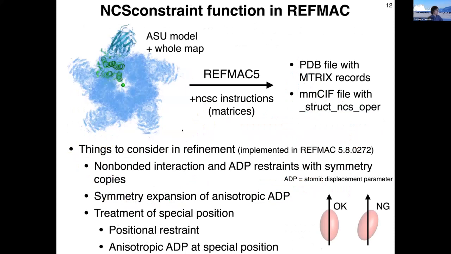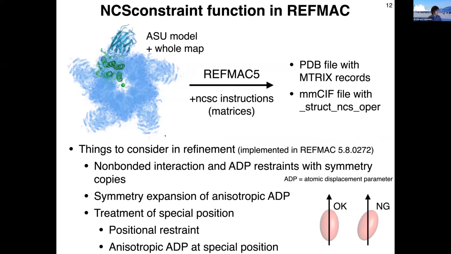In this case, we can utilize the NCS constraint function in REFMAC. We give only the asymmetric unit model and the whole map. And REFMAC5 internally considers the symmetric copies if you give NCS instructions, and the coordinates file with annotation of symmetry will be written.